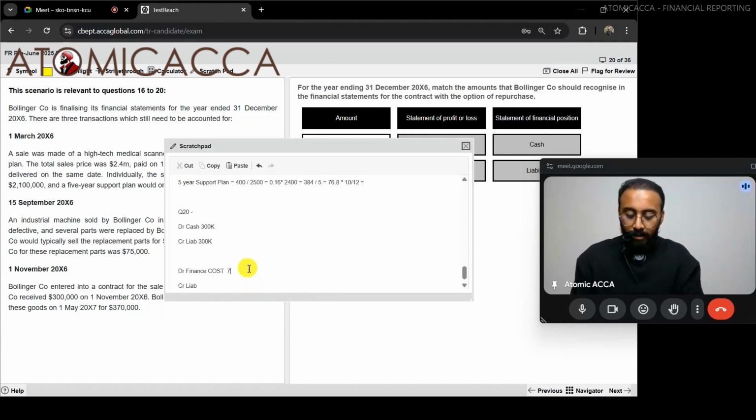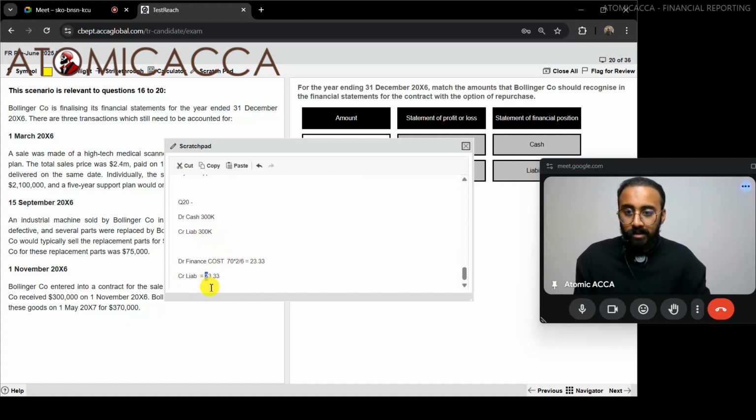It will be 70,000, which is for 6 months, so I need for 2 months, so multiplied by 2 by 6. How much will that be? 70,000 into 2 divided by 6 is equal to 23.33, and my liability will increase by 23.33. That means my overall liability by the year end will be 323.33.